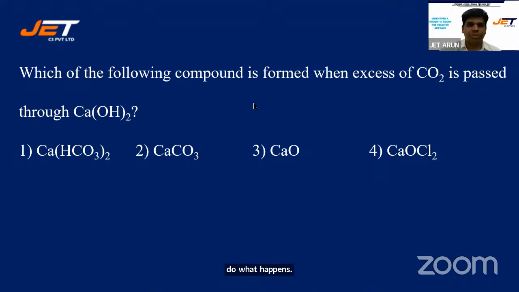Which of the following compounds is formed when excess CO2 is passed through calcium hydroxide, Ca(OH)2? Option 2 is when you just pass CO2. When you pass excess CO2, what happens, students?